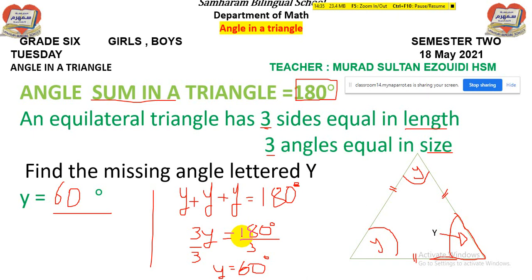One student told me, Mr. Murad, please, can you repeat at least one or two examples about fractions. Okay, so I'm here to explain this for you, my learners. We go to the next slide.